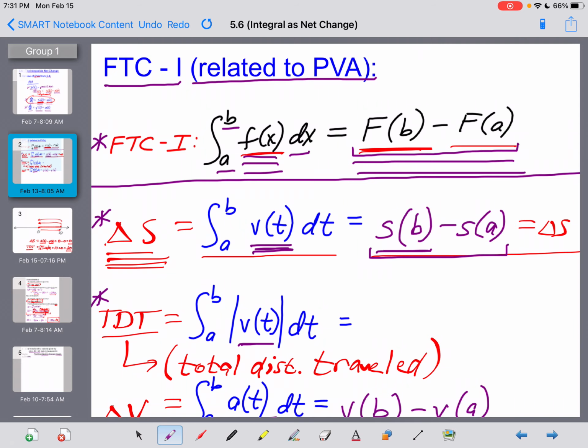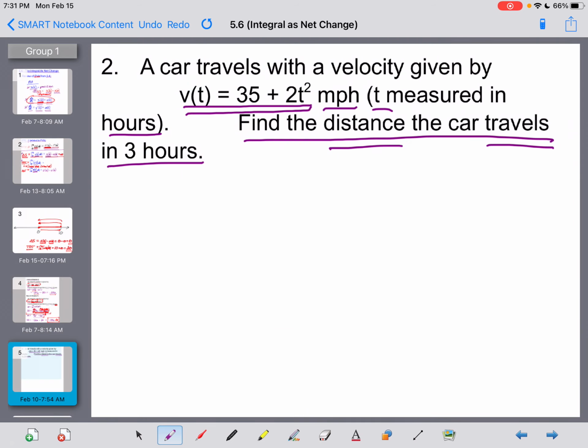So if we take a look at this problem, I am pretty sure that we're going to be doing a definite integral of our velocity function, which is 35 plus 2t squared taken with respect to t. And if you ask yourself, is there any value of t that we're going to be looking at here that will make that integrand negative, then maybe the absolute value matters.